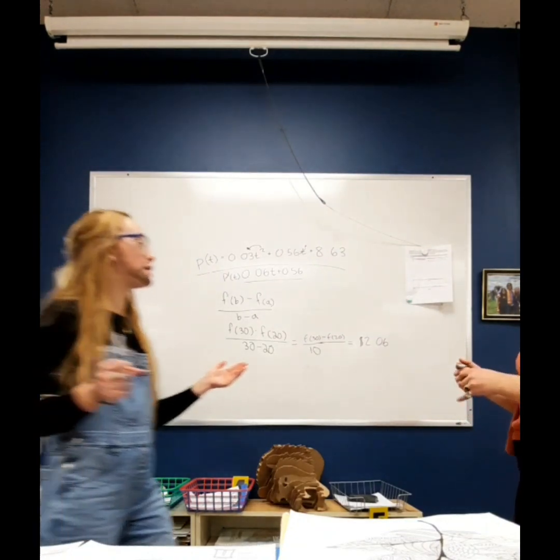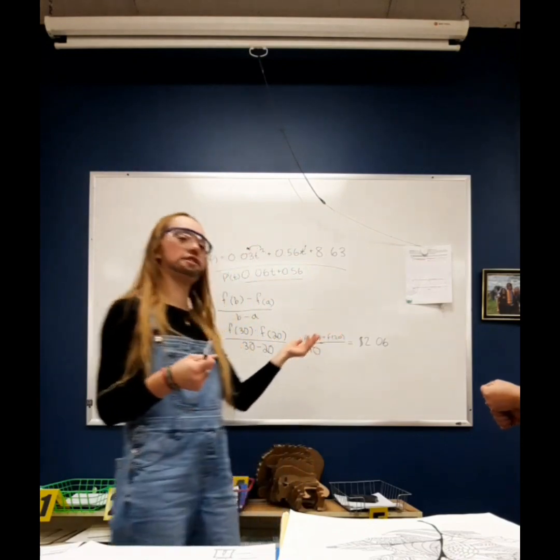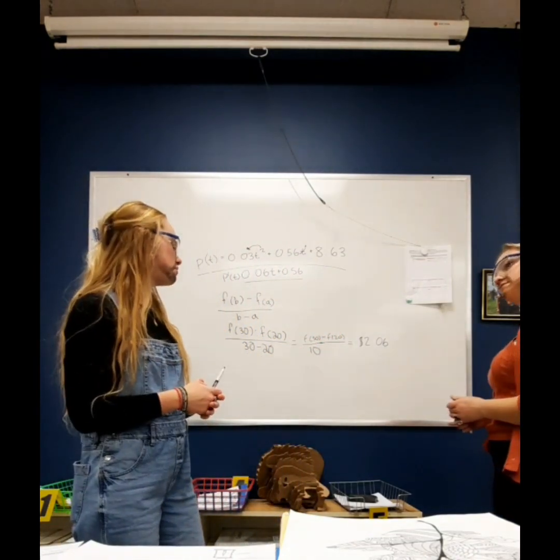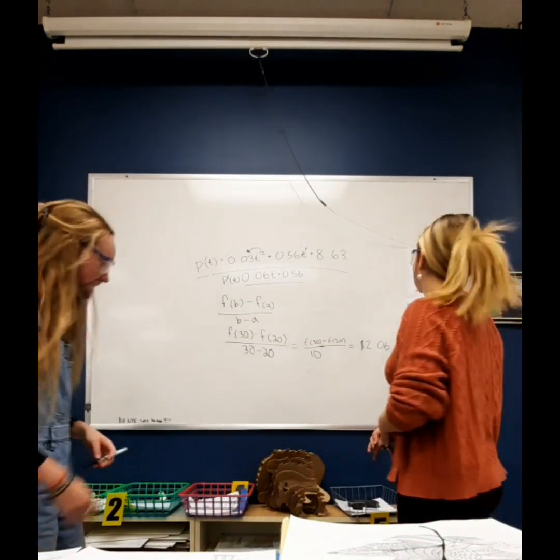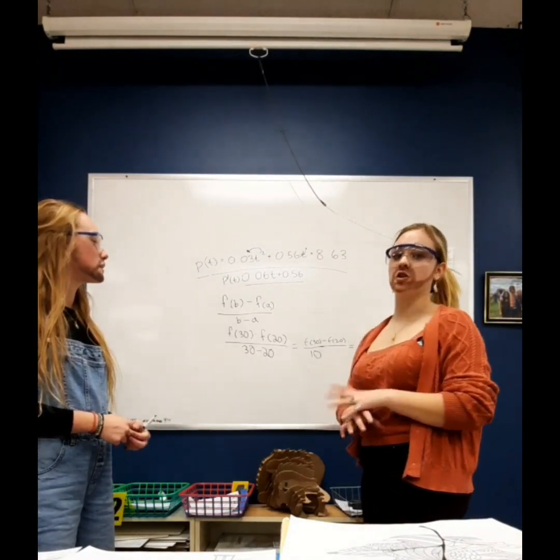And now we have to compare this to our answer in part B. So what is the difference between your instantaneous rate of change and your average rate of change? So the instantaneous rate of change is what the rate of change is in just 1 year, while the average rate of change is the rate of change over time.